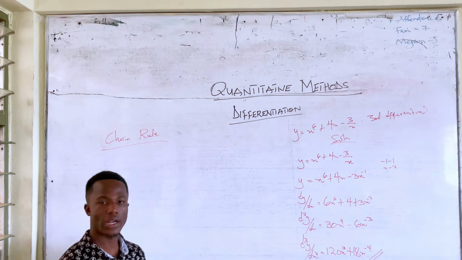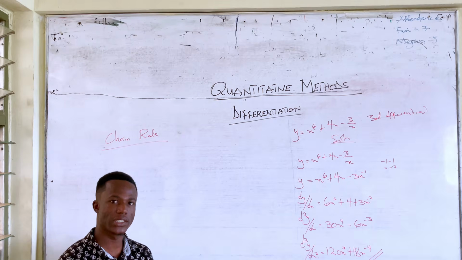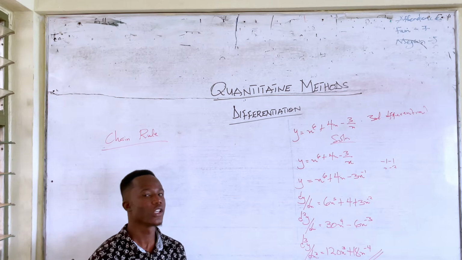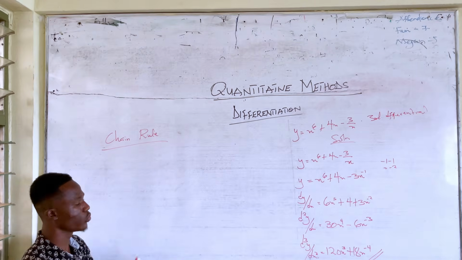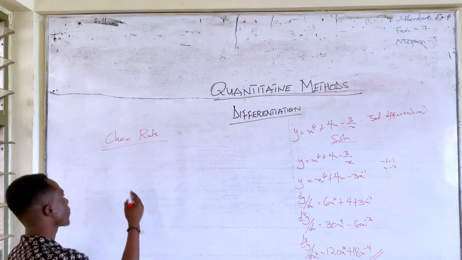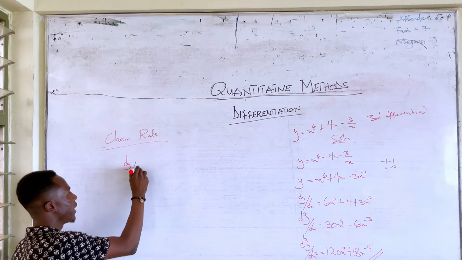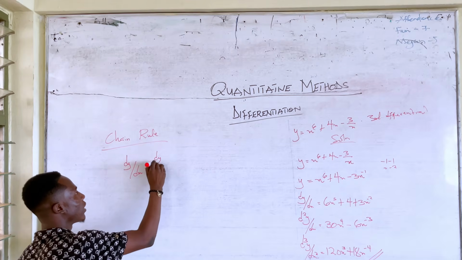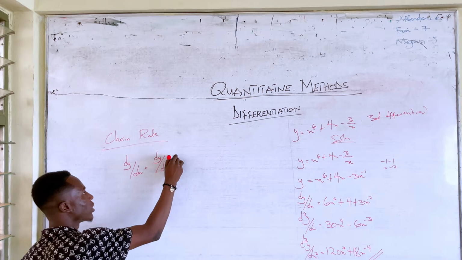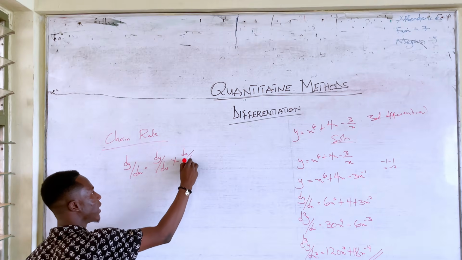Then if you are tackling, let's say, an objective or MCQ question, you can go by the short way. Do you get it? So with the chain rule, the formula is dy/dx equals dy/du multiplying du/dx.